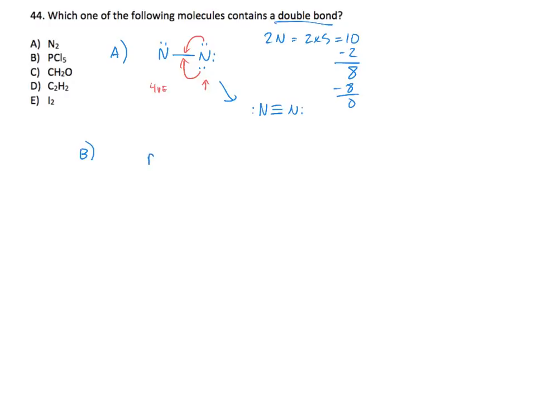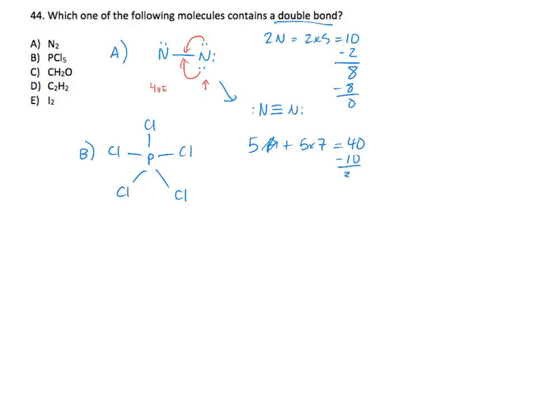B, we have PCl5. Phosphorus has 5 valence electrons, and chlorine has 7. That is a total of 40. We've already added in 5 single bonds, which is 10 electrons.